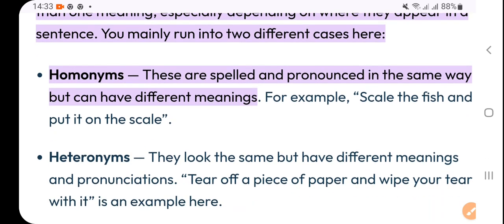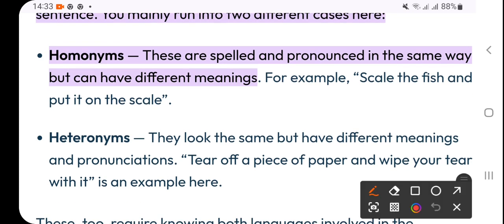Mainly we run into two different cases here: homonyms and heteronyms. Homonyms are words which are spelled and pronounced the same way, but can have different meanings.